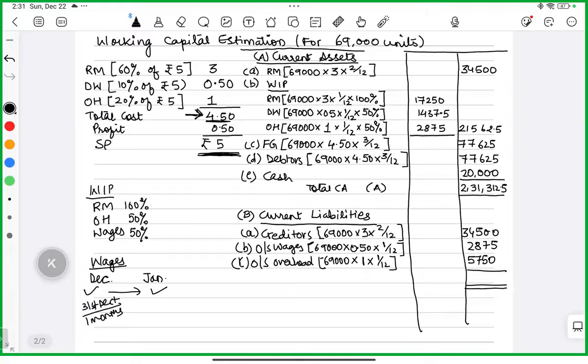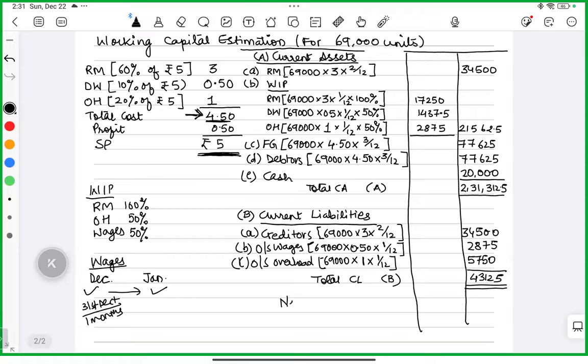So make a total, you will get total current liabilities. Let us call it as B. It is 43125. Now subtract current liabilities from current assets.